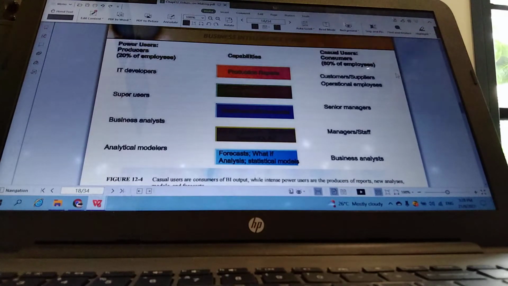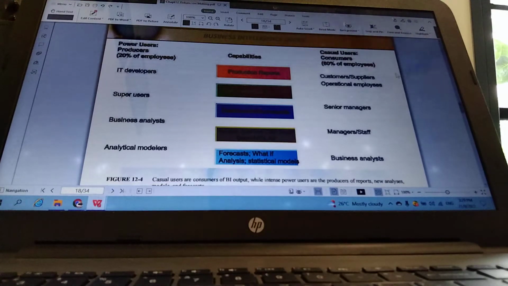And then we have analytical modelers, who help the users in making what-if analysis. They are also involved in producing statistical models and reference models out of the BI system for the business analysts, for them to use as a reference or as a tool to analyze the business based on the requirement.